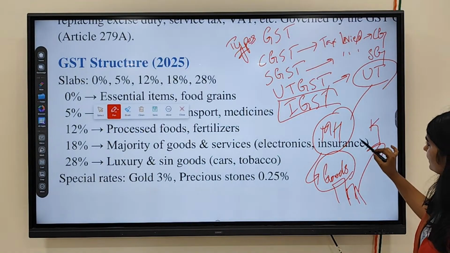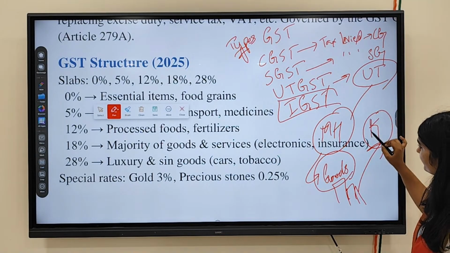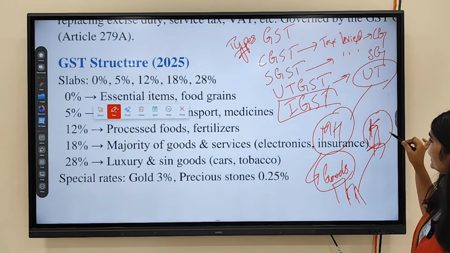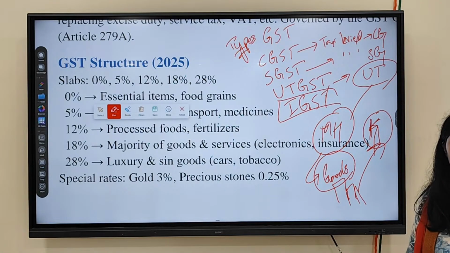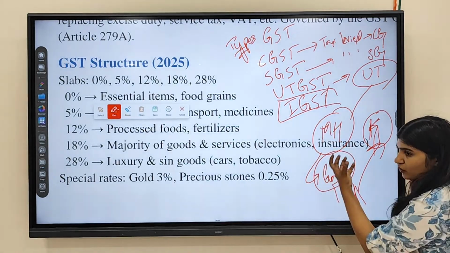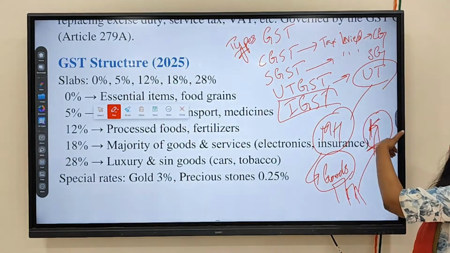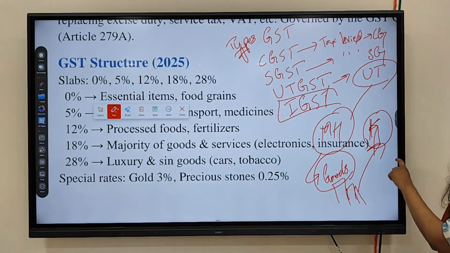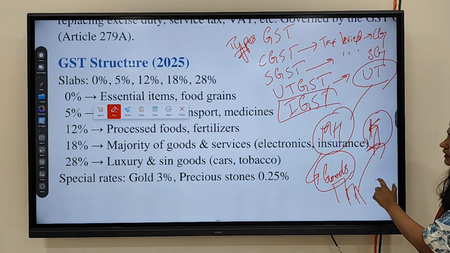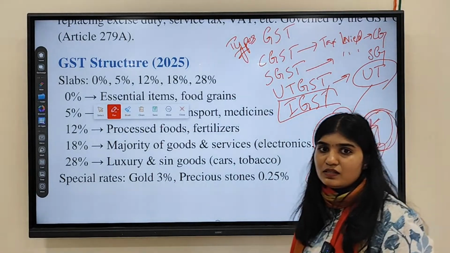The neighboring state, Karnataka, can take this IGST. The state that produced the goods will not get the tax. The state to which they send the goods, that state will get the taxes. Understood?